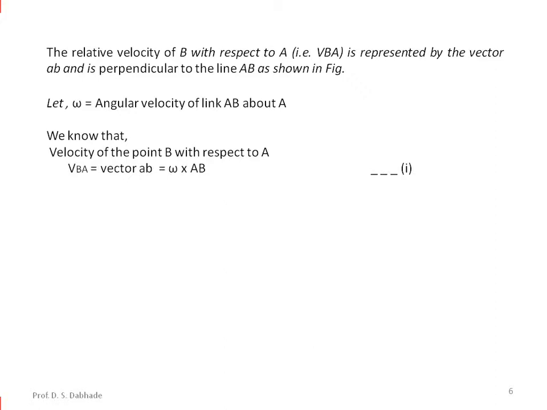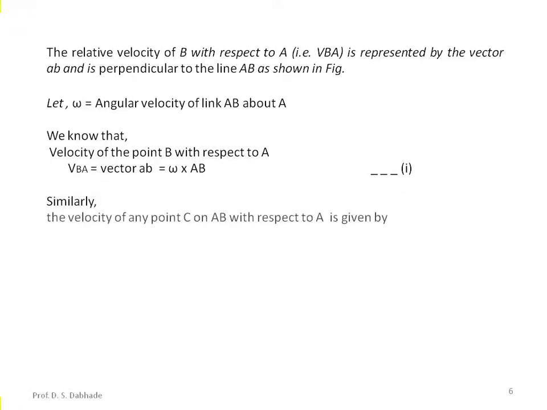The linear velocity of B with respect to A is nothing but the vector AB, which can be calculated as omega into length of AB. So omega is the angular velocity. Okay, so let it be equation number 1.